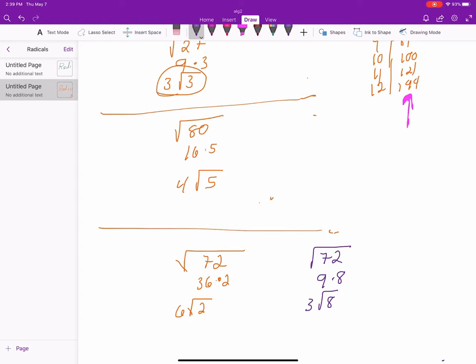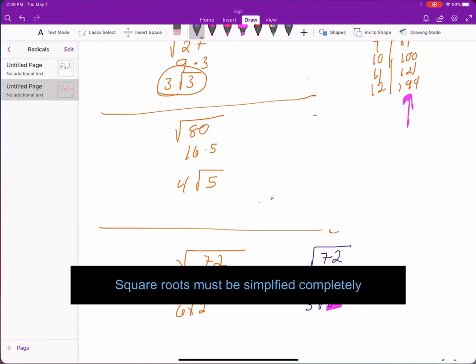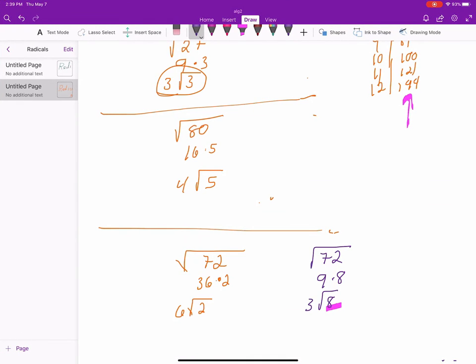The thing is, 8 is still able to break down, because a 4 goes in there: 4 times 2. I can take the square root of 4, which is 2, but there's already a 3 out there. So that becomes 6 square roots of 2.